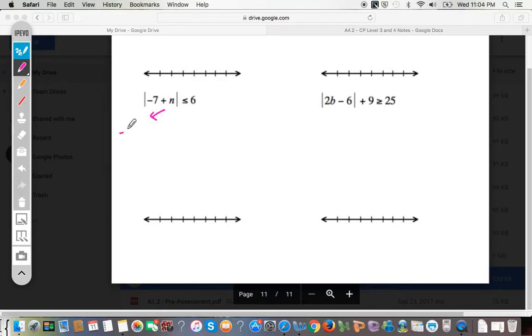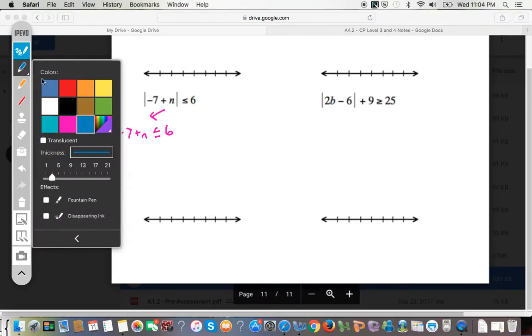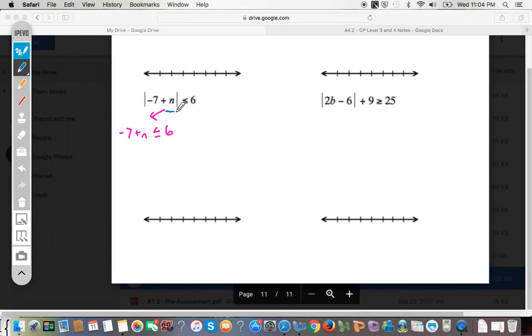So I have -7 plus n is less than or equal to 6. Okay. And I also have -7 plus n is less than or equal to -6.